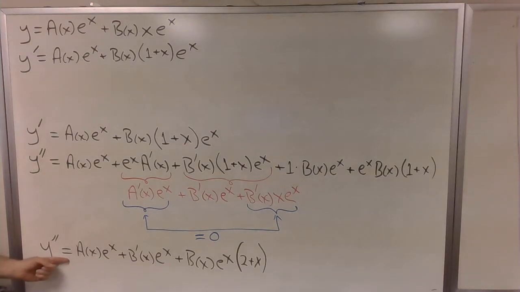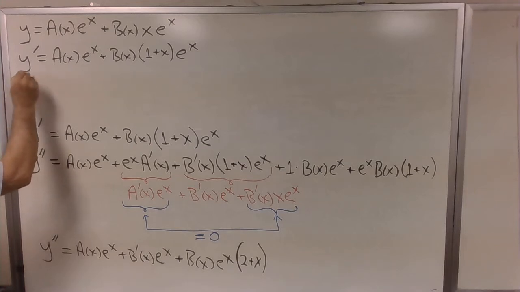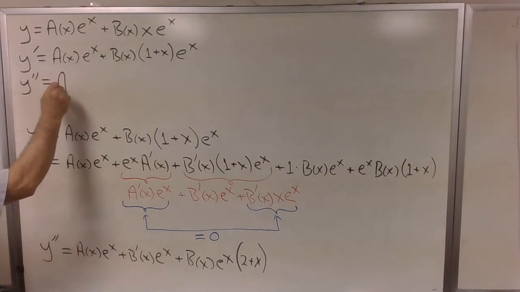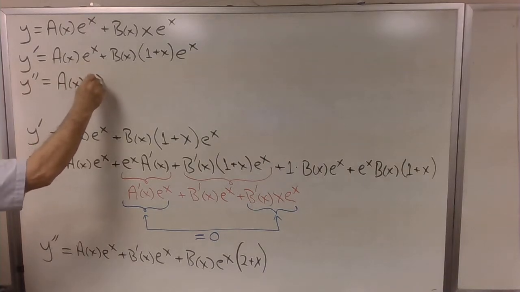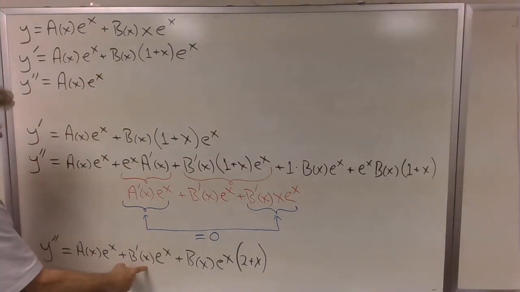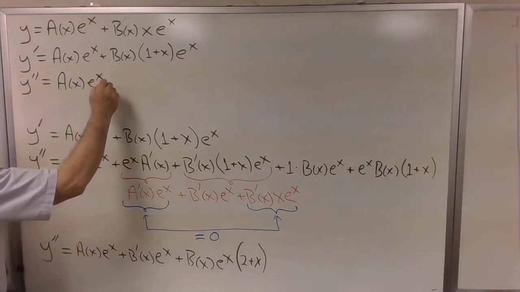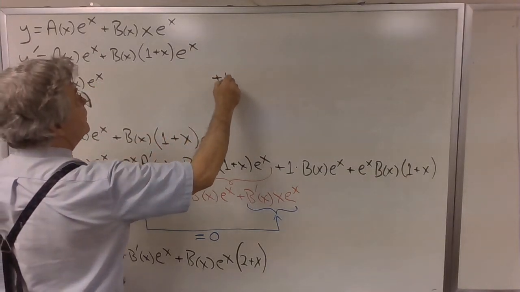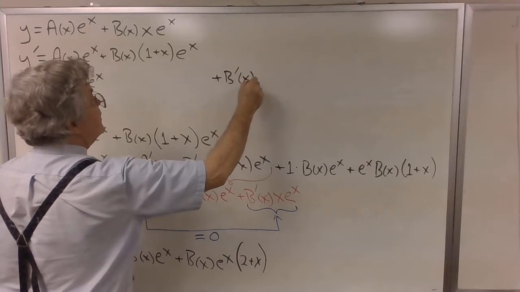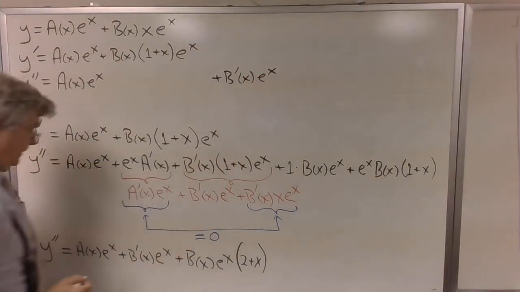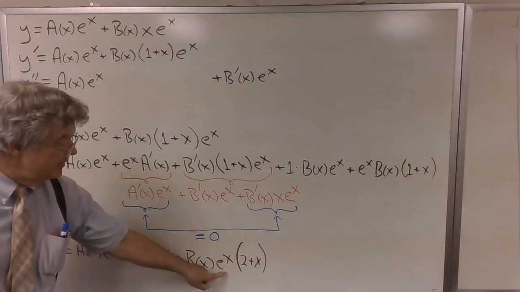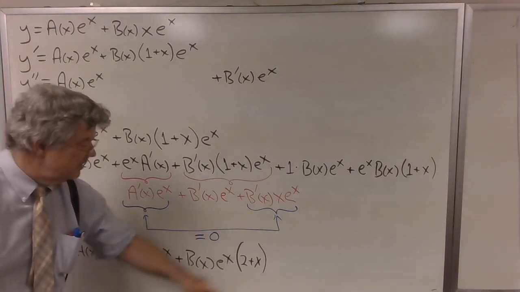And y double prime simplified: a x e to the x, b prime x e to the x. I'll put that out here somewhere. And I have b x e to the x times 2 plus x.